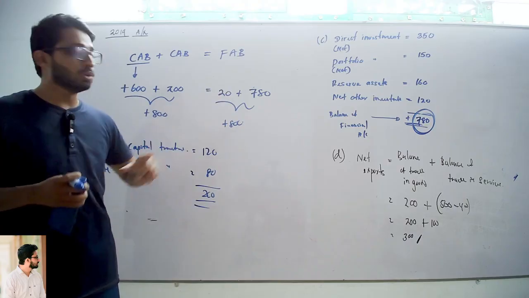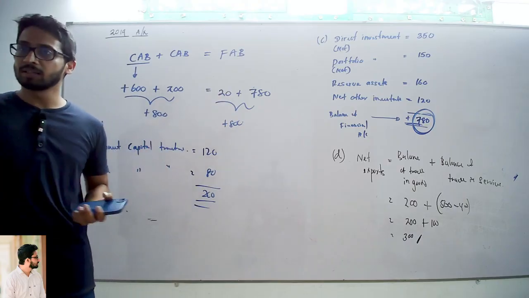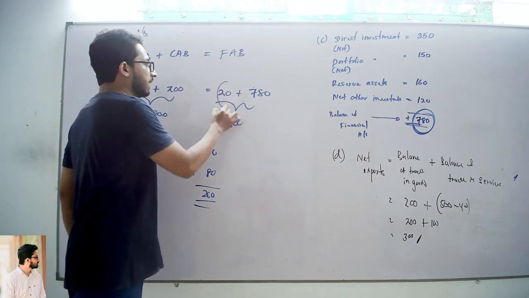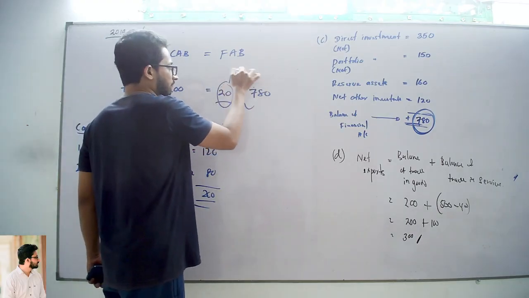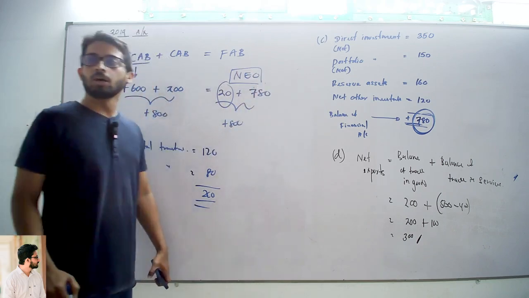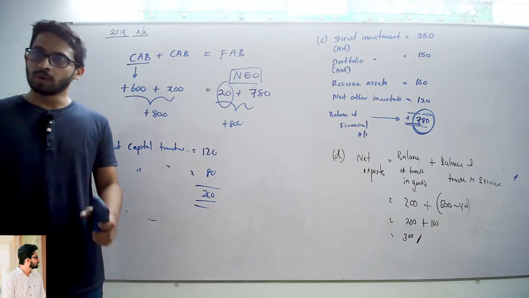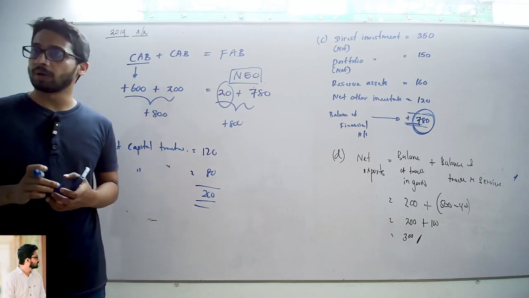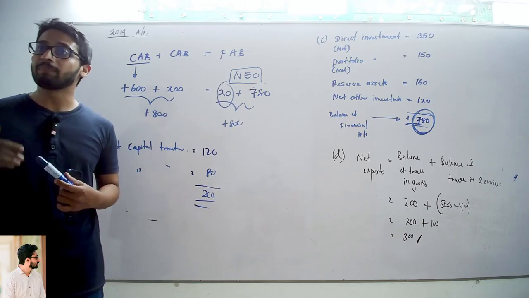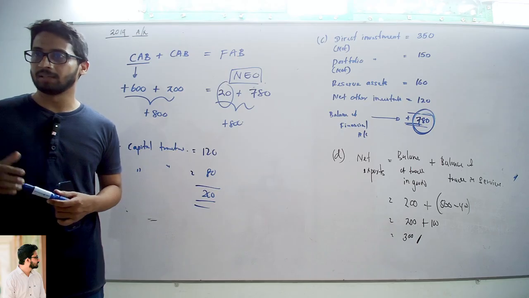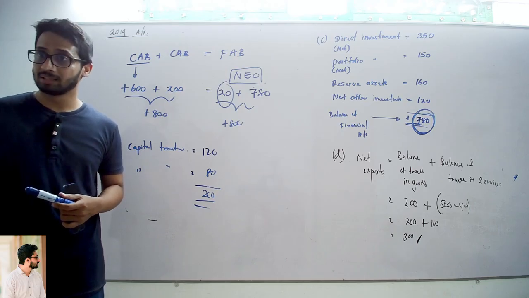We have to include something else, a different component that is called net errors and omissions, NEO. If you add that, we can see the balance of payment gets balanced, Lamai.